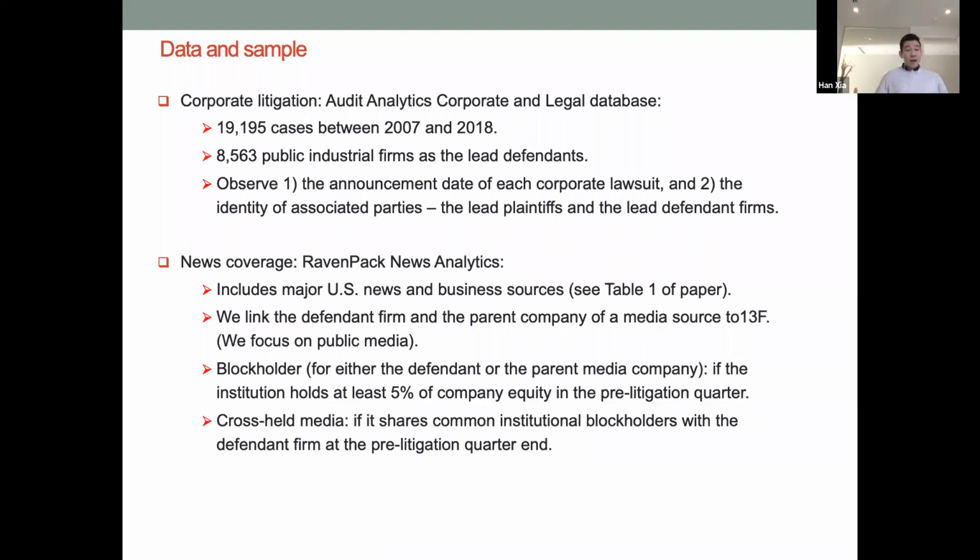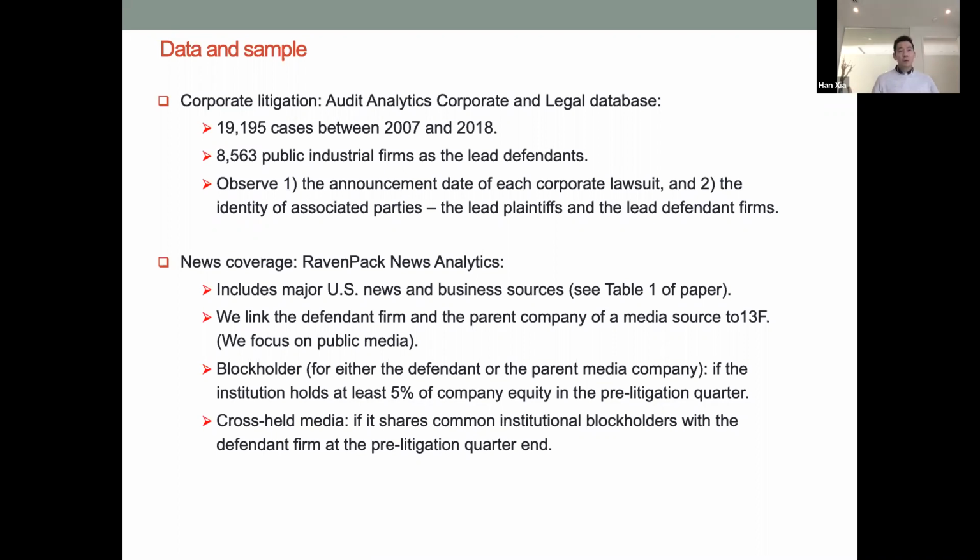Then we say that an institution is a block holder for either the defendant firm or the media company if the institution holds at least 5% of the company's equity during the quarter before the litigation announcement. Again, we're using the ex-ante information here.